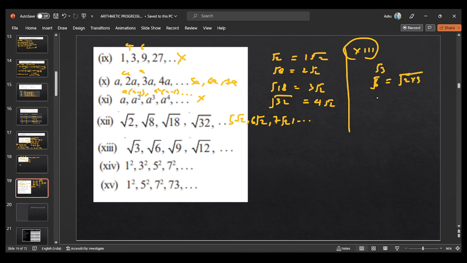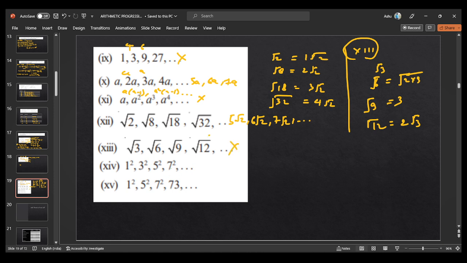There will be no common factor. If we take root 3 common, it will be 1, root 2, and so on. Here the difference is not the same, so it is not an AP.